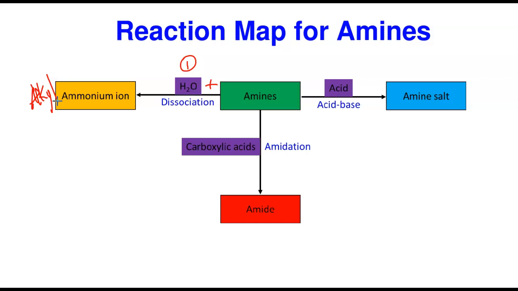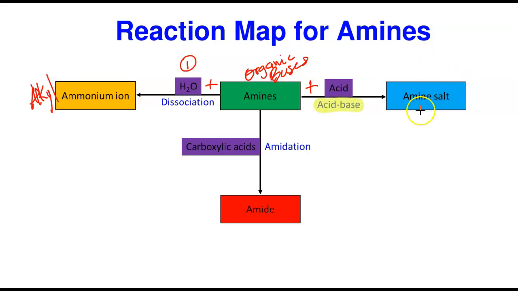And then, secondly, we talked about the acid-base reaction. In the acid-base reaction, amines are bases. Of course, you know they are the organic bases. Don't forget that they are the organic bases. So they react with acid, whether organic or inorganic acid, in an acid-base reaction to form amine salt.